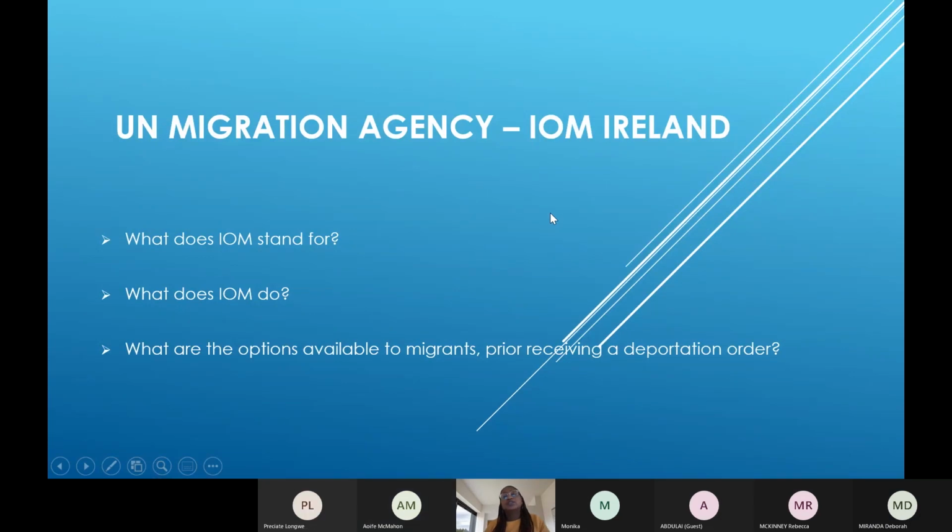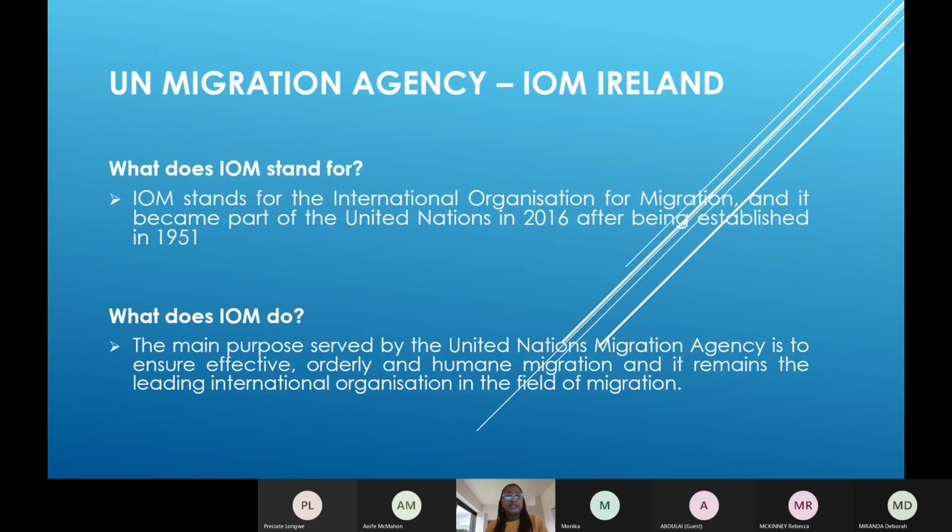So what I'll just quickly run through is a brief background of what IOM is, what it does for those that are not familiar, and the options that are available to migrants prior to receiving a deportation order.